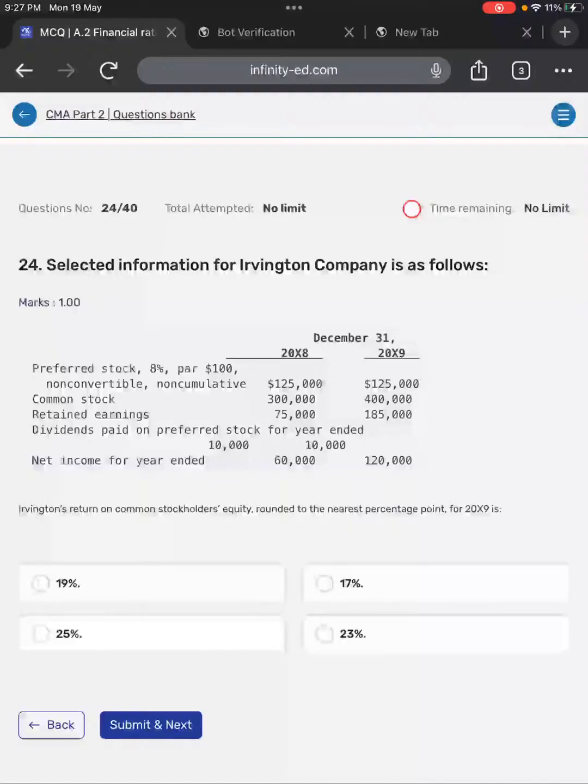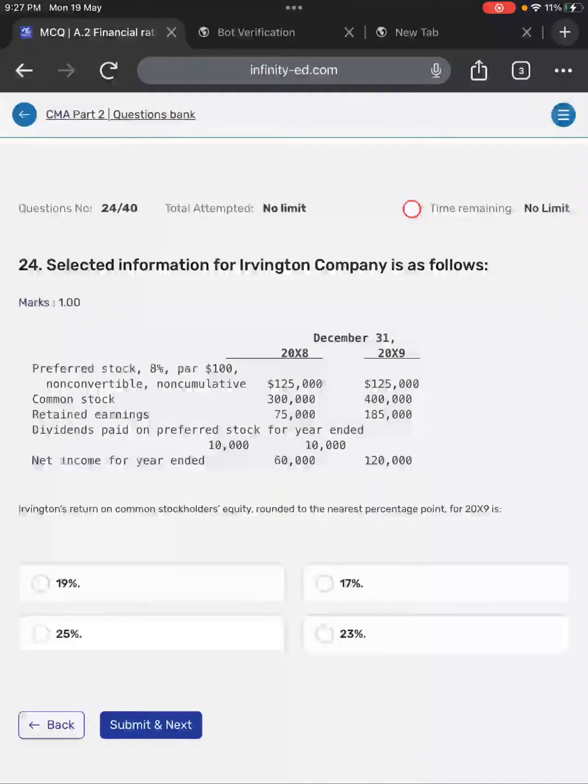Net income for the years is 60,000 and 120,000. Return on common shares needs to be calculated.